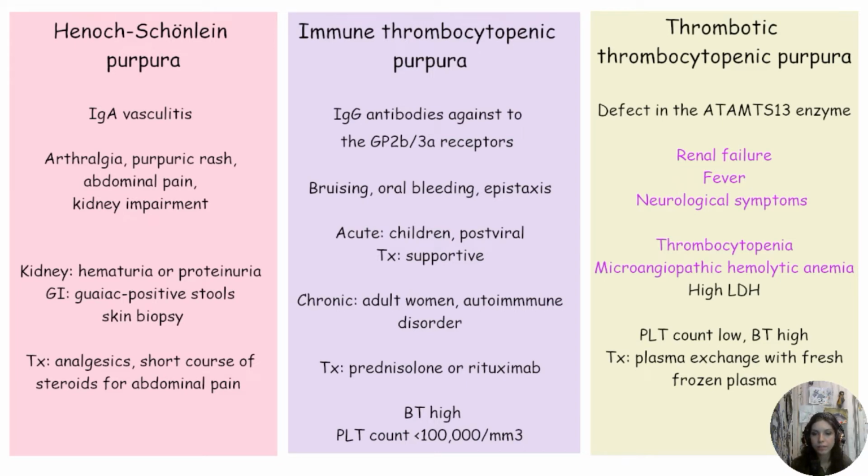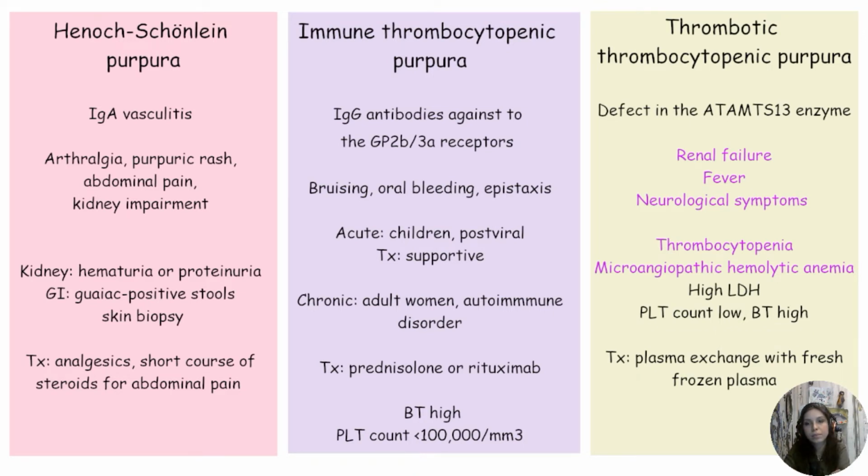Chronic is usually in women and due to an autoimmune disorder, and treatment will be steroids, prednisolone, or rituximab. So how can we diagnose it? It will be a low platelet count, and of course, if you don't have enough platelets, bleeding time will be high.